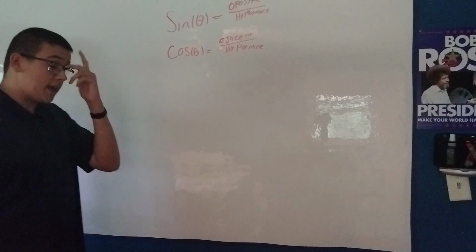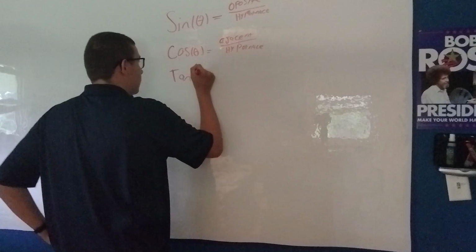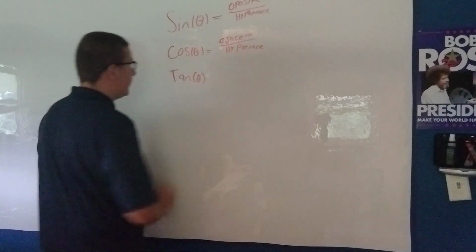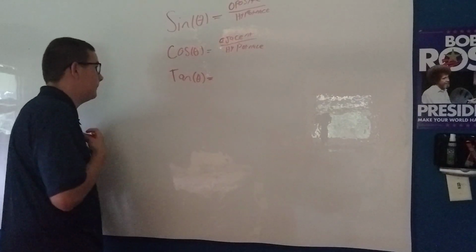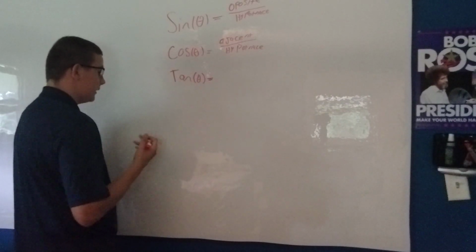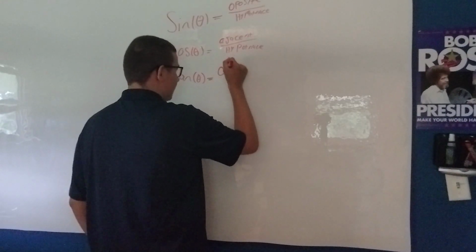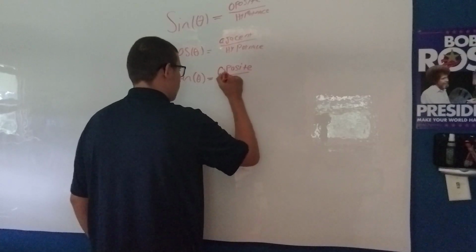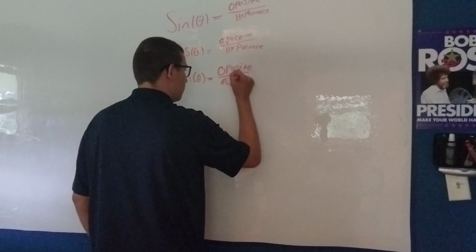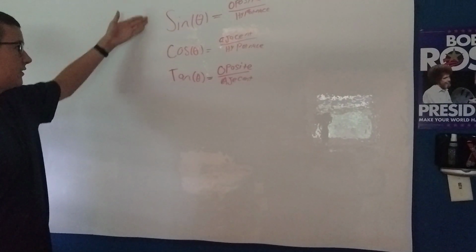And the one we were looking at earlier, the tangent of your theta, is always, every time, equal to the opposite over the adjacent. I apologize. Always equal to the opposite over the adjacent.